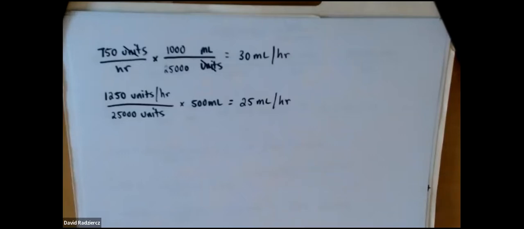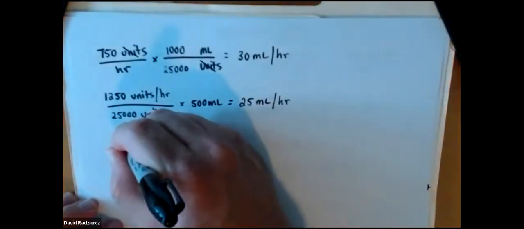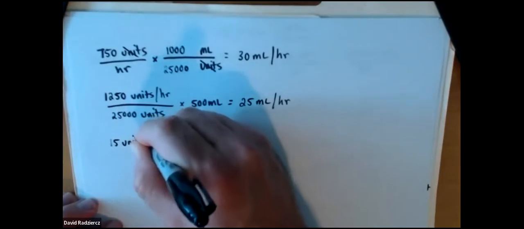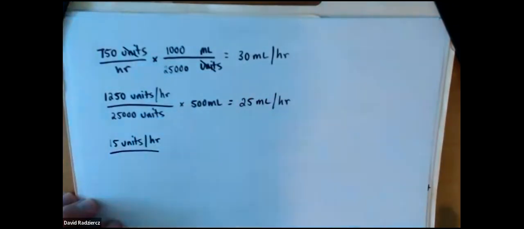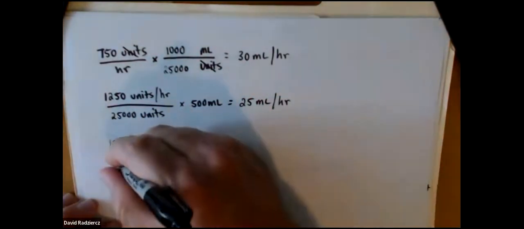Then 24 is the same thing. It's just now we're using insulin instead of heparin. I'll set it up exactly like this. 15 units per hour. The units I have available is 100.